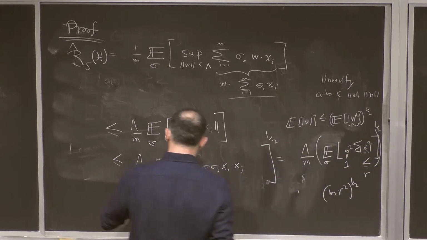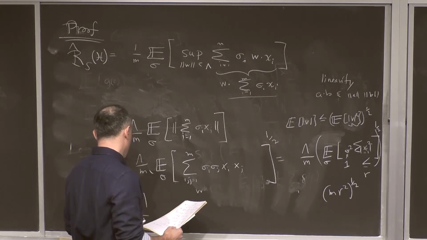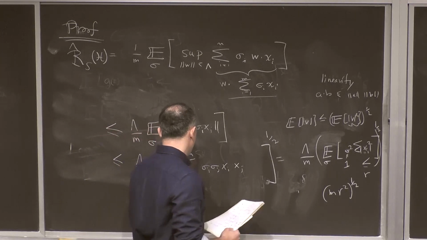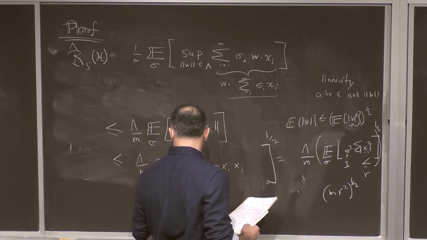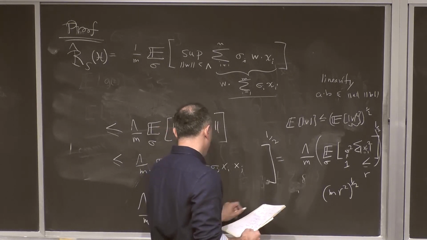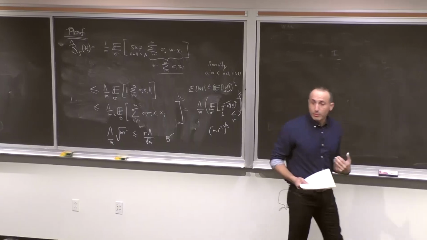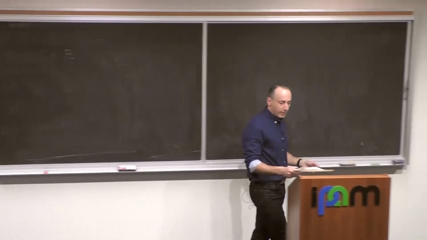And so that's where we get lambda over m times square root of m r squared, which is the bound. Okay, so that's great. We bounded it in a pretty simple way using linearity. Is that good?